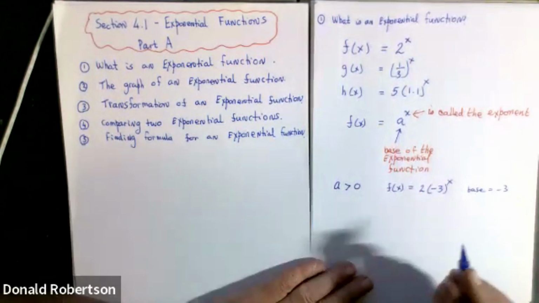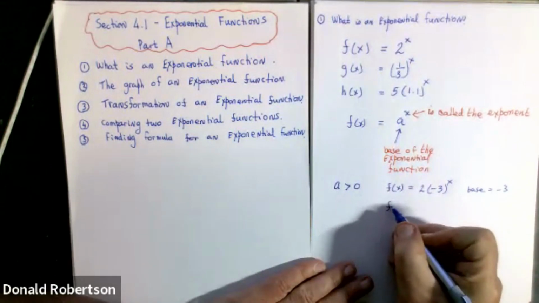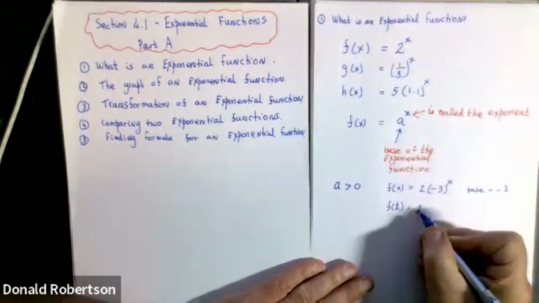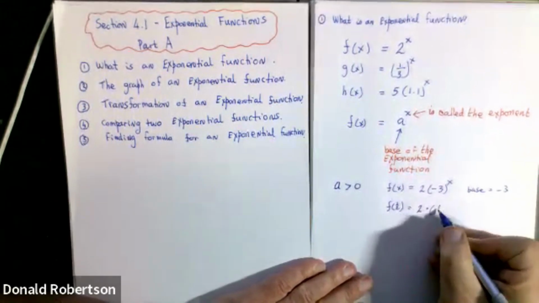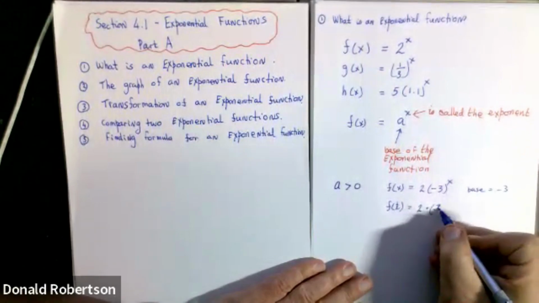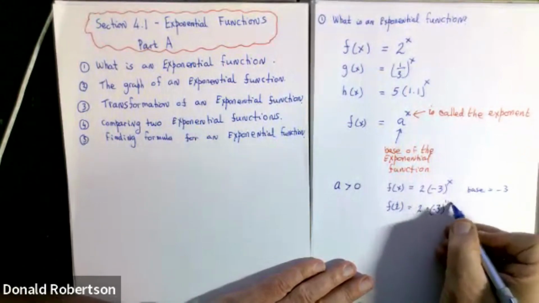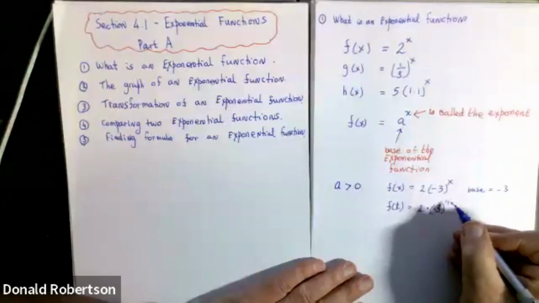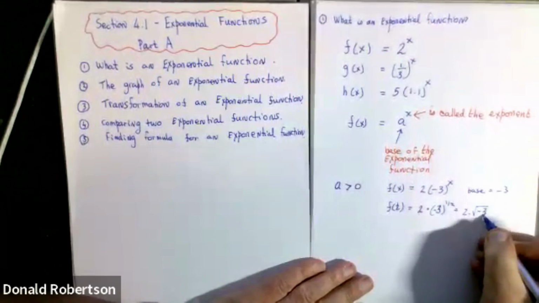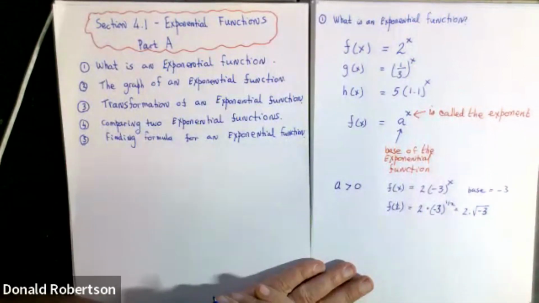That's true, but you do have a problem. For instance, if you wanted to evaluate this function at a half, it would be 2 times -3 to the power of a half. Now, a fractional power of a half at least is the same as a square root.